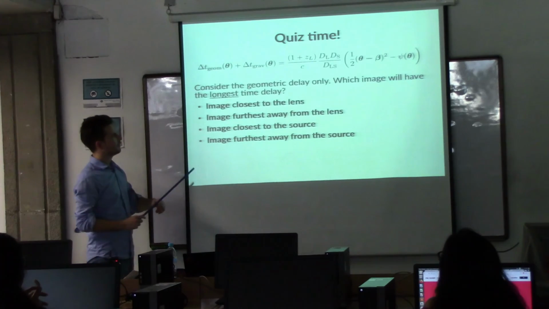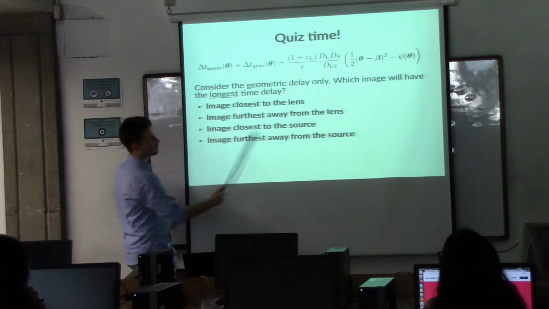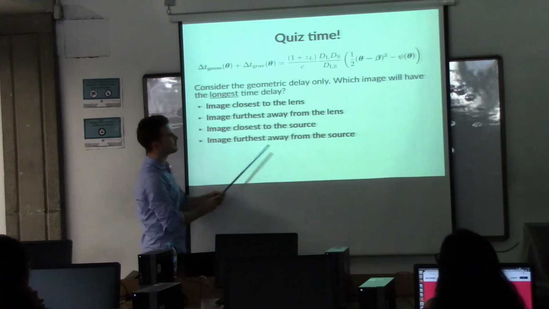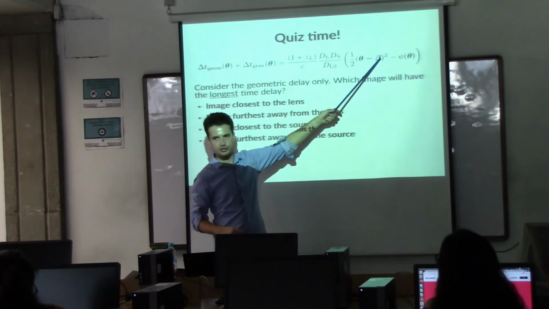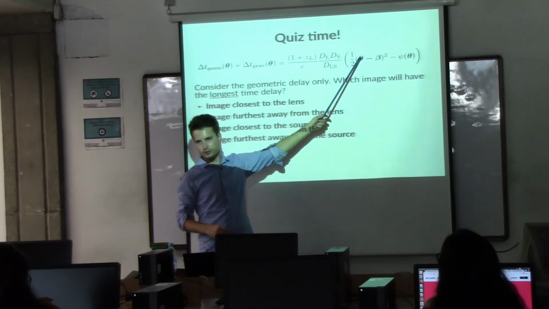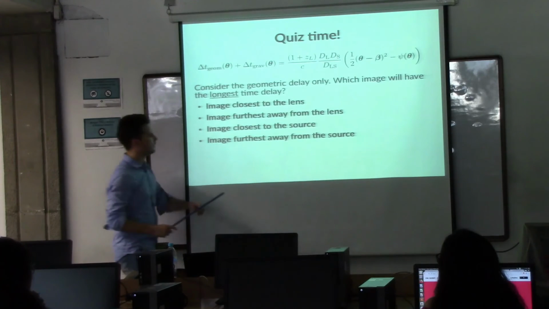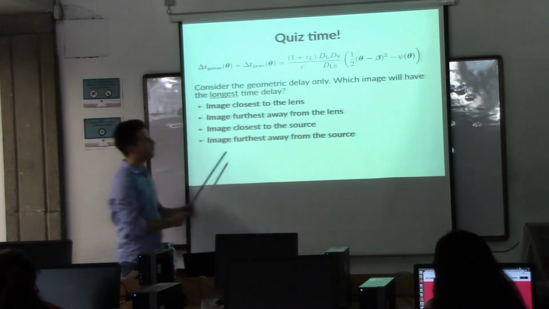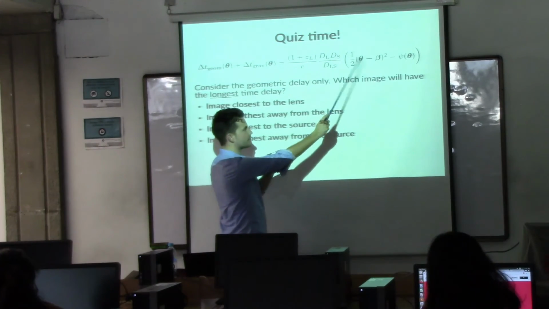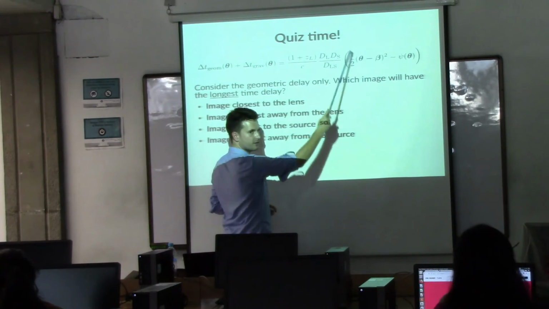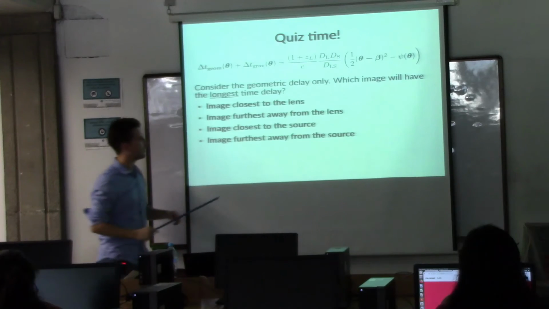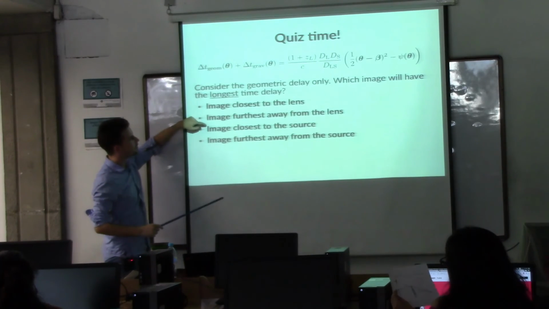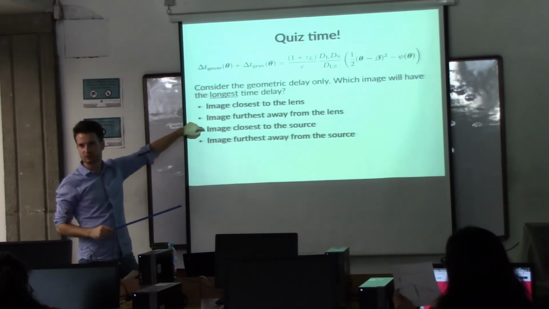And then now we care about the source position, and you can easily see that if the source position is identical to the image position, this geometrical time delay gets 0, and everything else will get positive because this is coming as a square, as a second power.